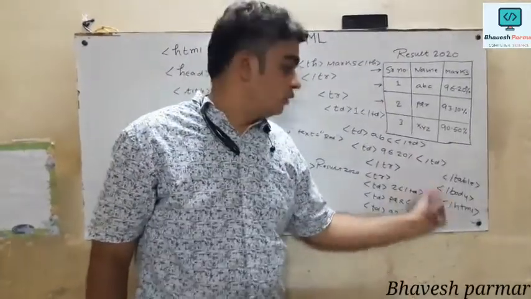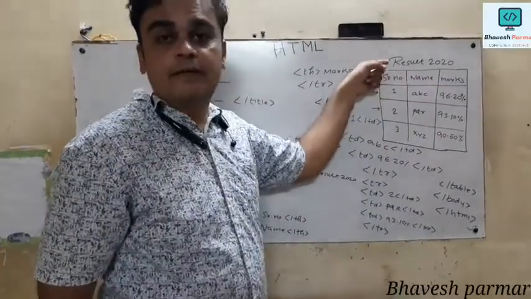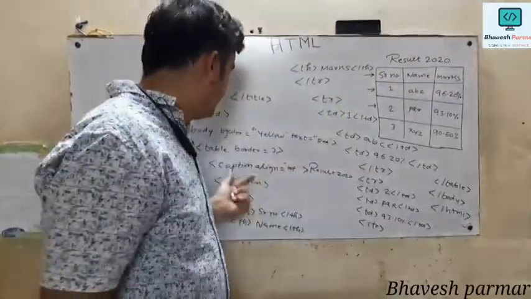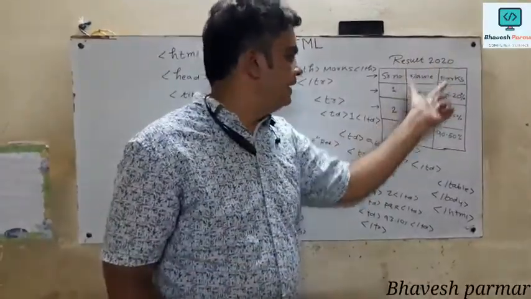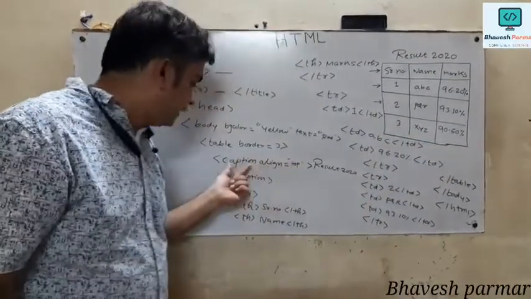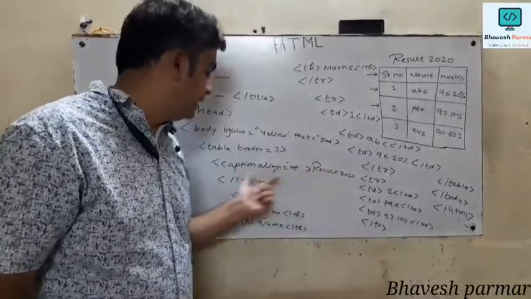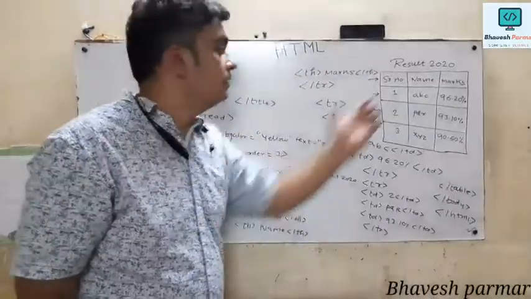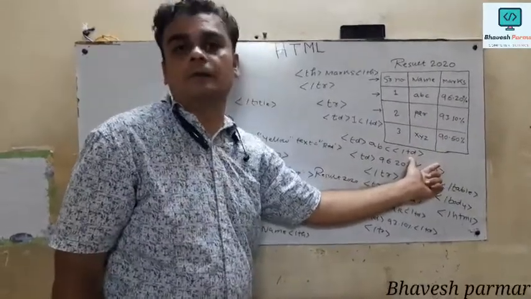So got it guys? This is the table, and this result 2020 is represented by the caption. But suppose this result 2020 should display at the bottom position. Then we write caption align is equal to bottom, then result 2020, and then /caption. So this result 2020 displays at the bottom of the table.